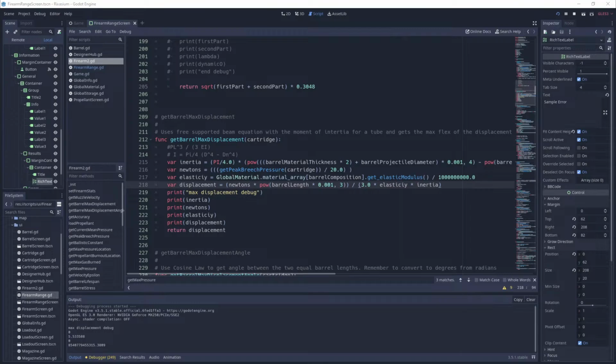Okay, so I think I kind of understand the problem. So it is in meters, pascals. Is it GPa or is it an MPa? I don't know how I got the old value before.